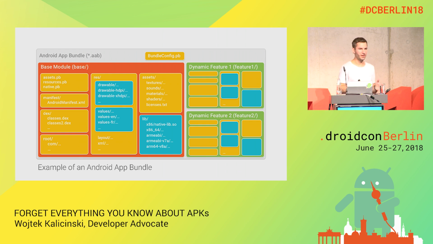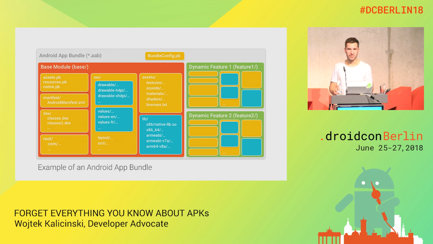But every bundle will have this base module. And this is where basically all your library modules are put together in a single Android application, a base module that has all the assets, resources, DEX files, and so on, and native libraries, so that Play Store can pick and choose and target the devices from these files.